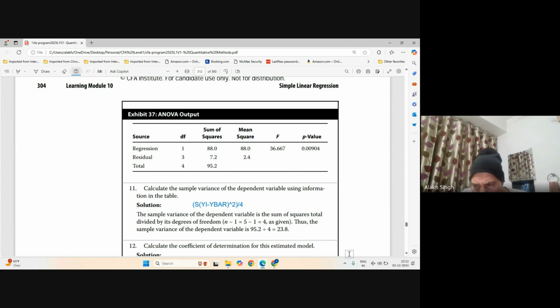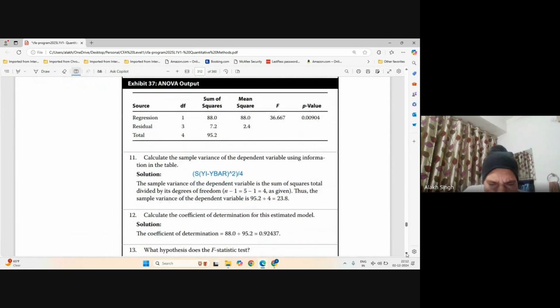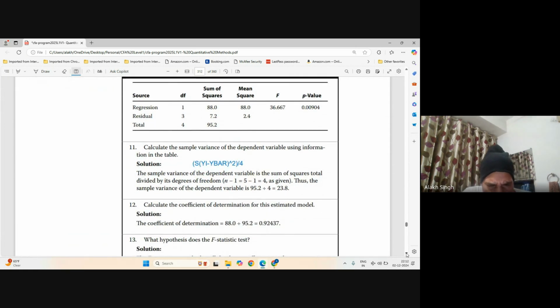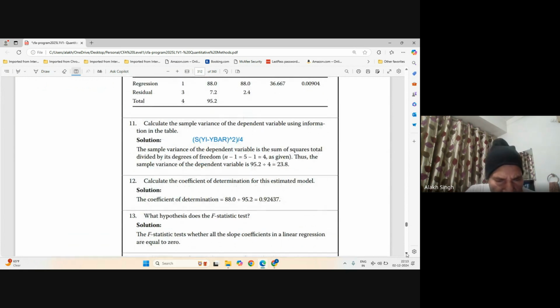So R square you calculated correctly. And then what is the hypothesis? What hypothesis does the F test? That beta 1 is not equal to 0, or beta 1 equal to beta 2 equal to 0. All slope coefficients in a linear regression are equal to 0.